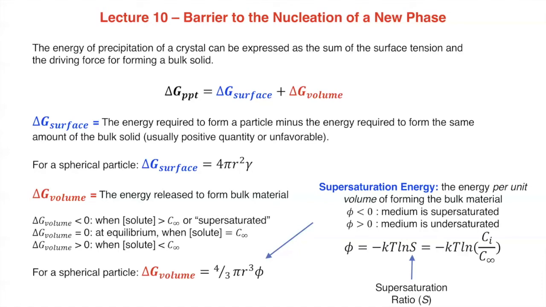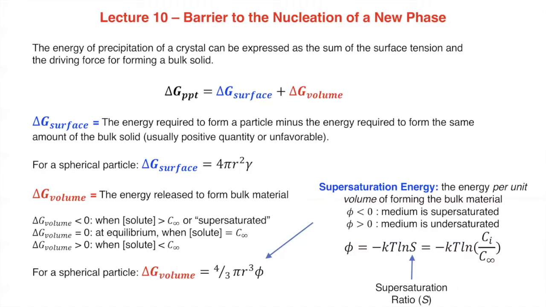And so under those conditions, the delta G for the volume of the material will be negative or downhill, okay? At equilibrium, delta G is 0, where the solute concentration equals the bulk solubility. And then, if the solute concentration is below that, if it's undersaturated, it's actually uphill to precipitate material.